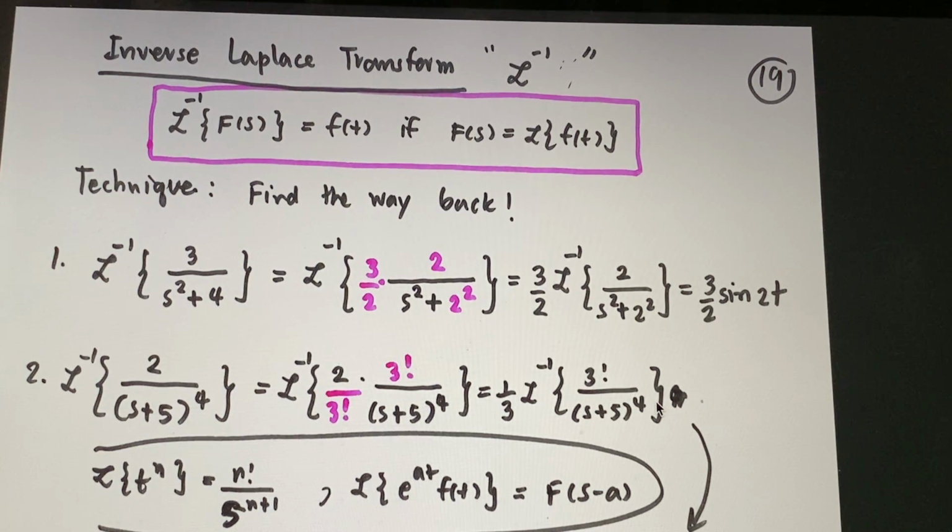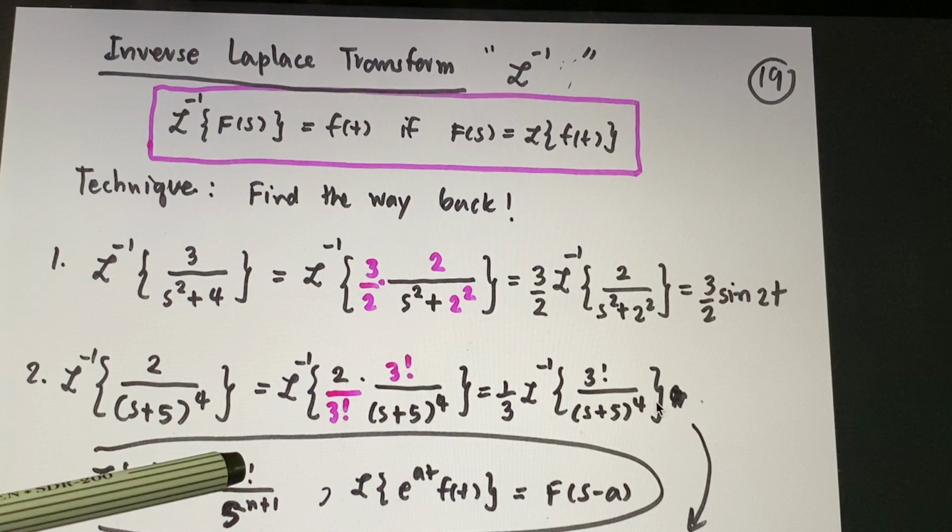See number 2. Inverse Laplace of 2 divided by (s plus 5) to the power 4. How are we going to do it? When you see something to the power 4, it should come from this one, right? Laplace transform of t to the n is n factorial over s to the n plus 1. So n plus 1 here is 4. I should have 3 factorial here.